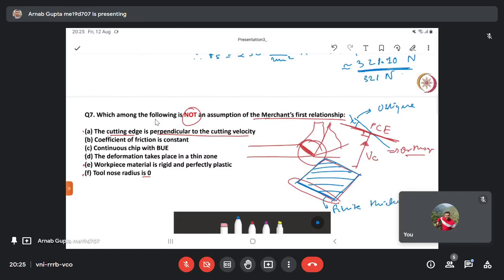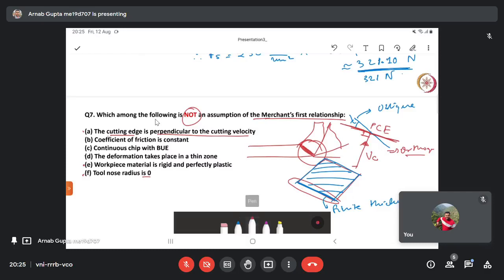In actual, a plane is such an entity which is not having any finite thickness, right? It should be ideally having zero thickness, but in actual this zone is having a finite thickness. In Merchant circle diagram, we are not considering that.